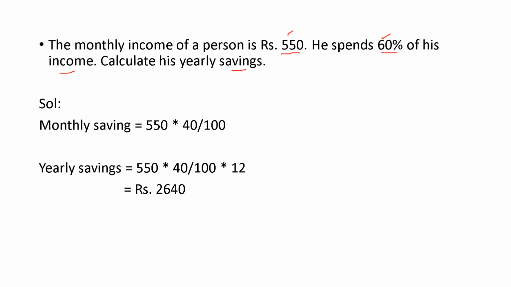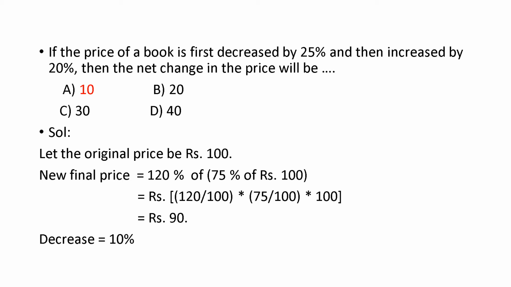So from that, monthly saving you can get 550 into 40 by 100, because he spends 60%. So saving will be 40%. So 550 into 40 by 100, and yearly savings are being asked. Okay. So into 12. Answer will be 2640. Okay. Simple question.